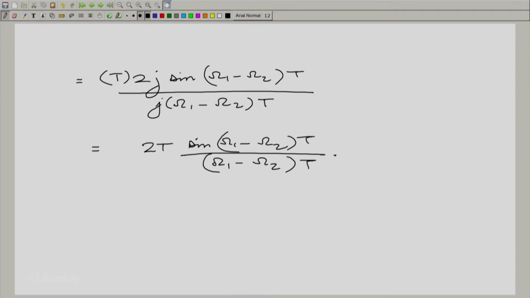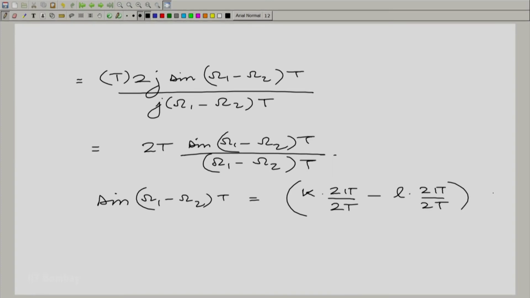Now, what is sine (omega 1 minus omega 2) T? Let us evaluate it. It is k 2 pi by 2T minus L 2 pi by 2T, into T. So that is essentially k pi minus L pi.